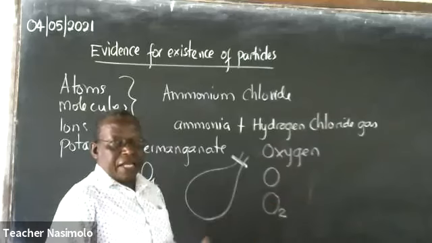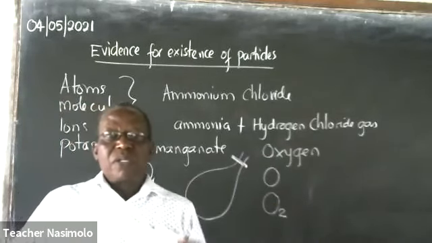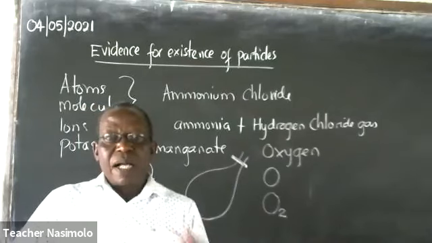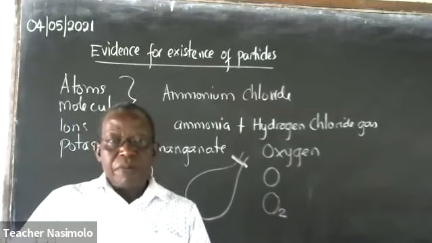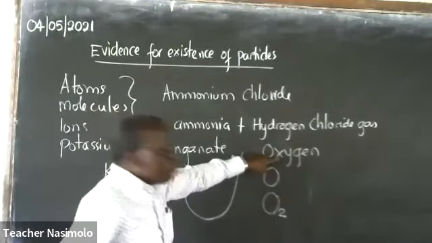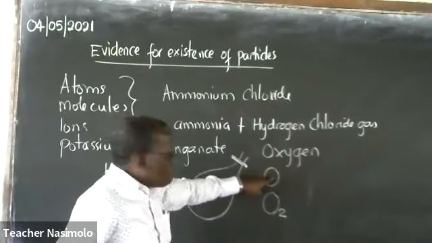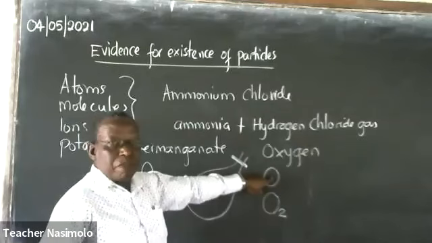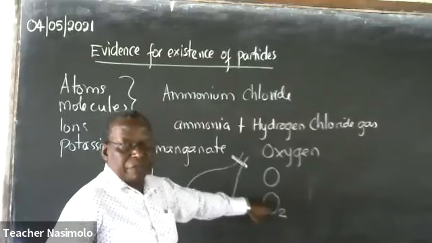And I clearly said that we shall learn about atoms, molecules, and ions at a later time. But for now, just take it from me that this is the name of oxygen, this is the symbol for an oxygen atom, and this is the symbol for an oxygen molecule.